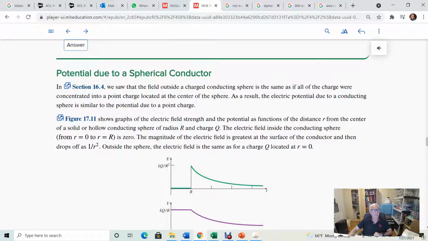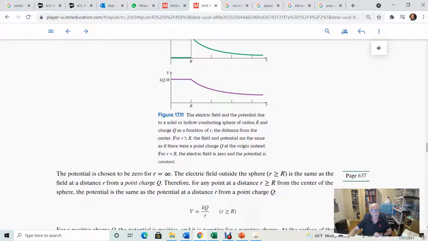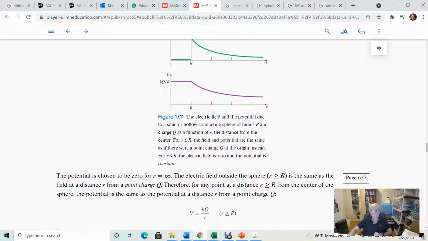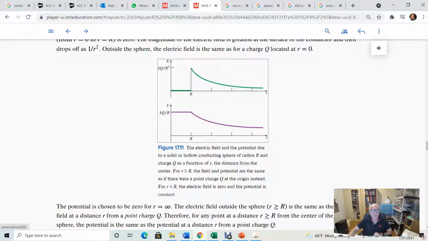So here is the graph of the electric field, zero inside the conductor and outside the conductor. But what about the electric potential? Well, the electric potential ends up being a non-zero value, but uniform.